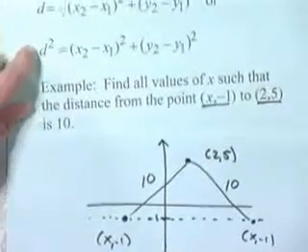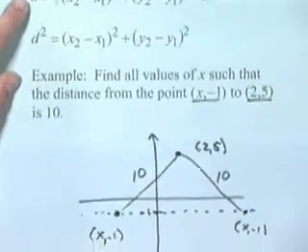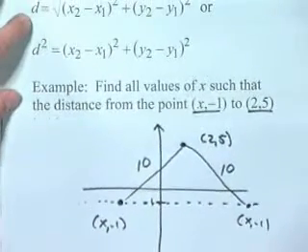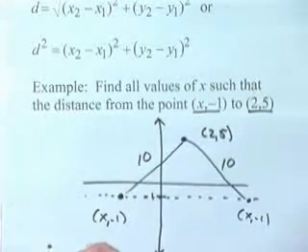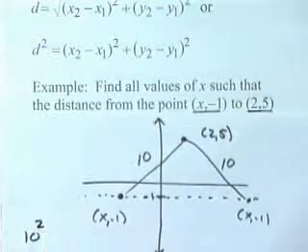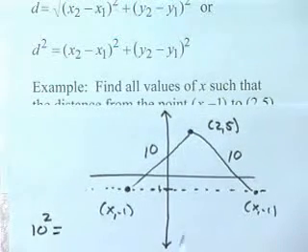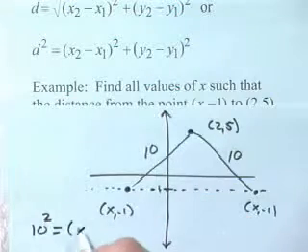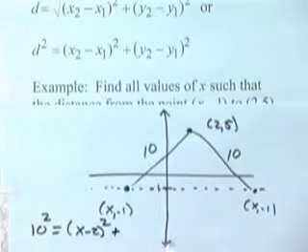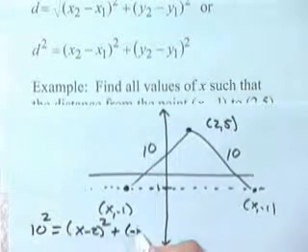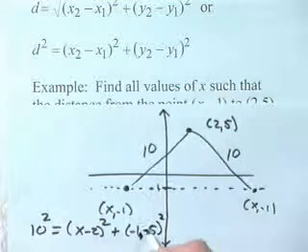And I'm going to go ahead and use this version of our distance formula. It says that d squared, that's our 10, so 10 squared must equal the difference in the x values, x minus 2 squared, plus the difference in the y values, -1 minus 5 squared.